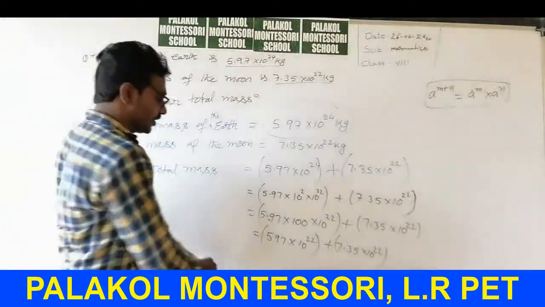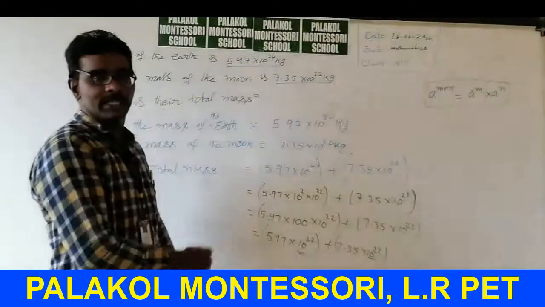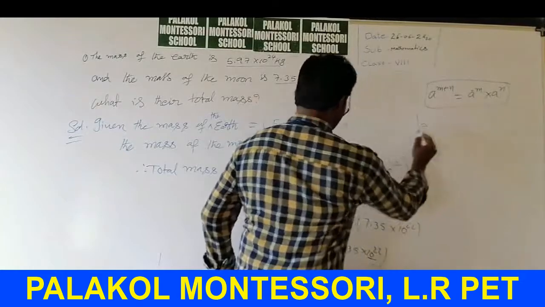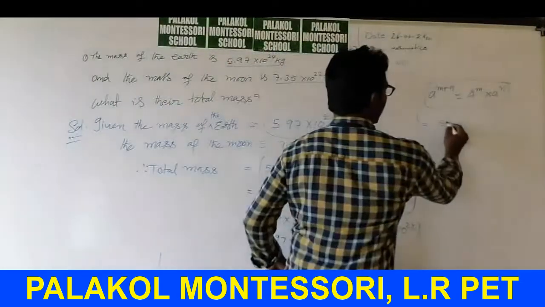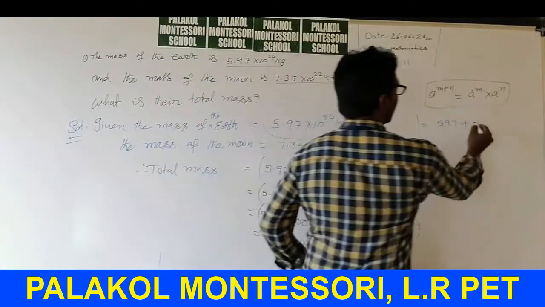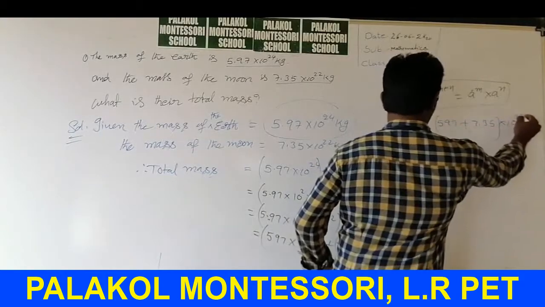Guys, you observe 10 power of 22 is the same in both terms, so it should be common. What remaining here? In the first term 597 is remaining, plus in the second term 7.35 is remaining, into 10 power of 22.